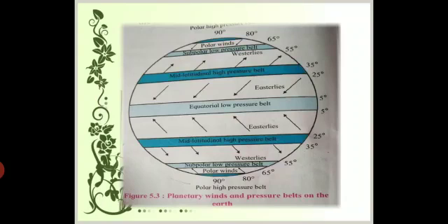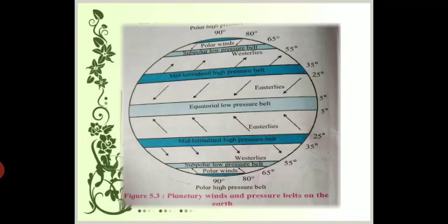Now children, see the figure 5.3 and pay attention to what I am explaining. In both the hemispheres, that is north and south, as you can see in the figure, winds blow from the mid-latitudinal high pressure belt to the subpolar low pressure belt situated near 60-degree parallel. You can see it in the figure.